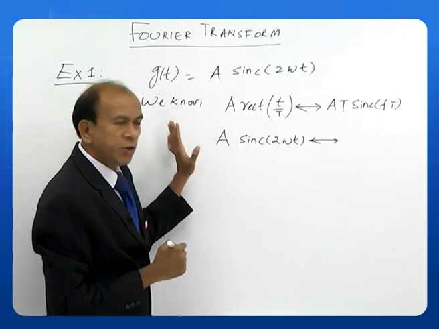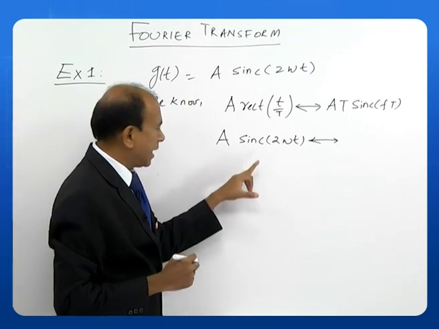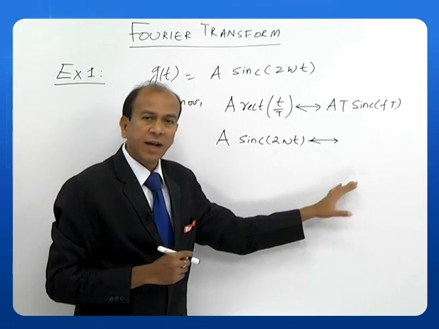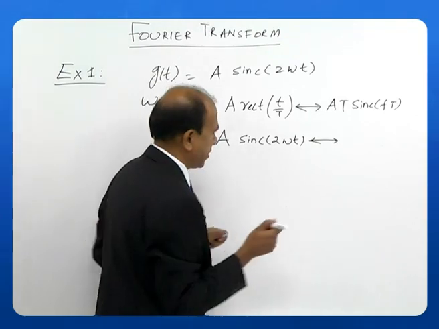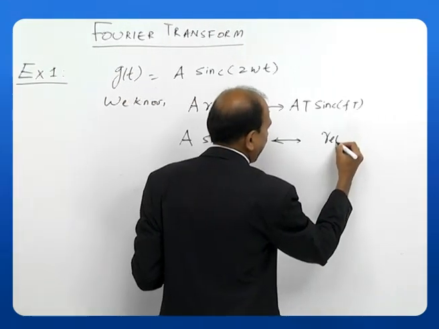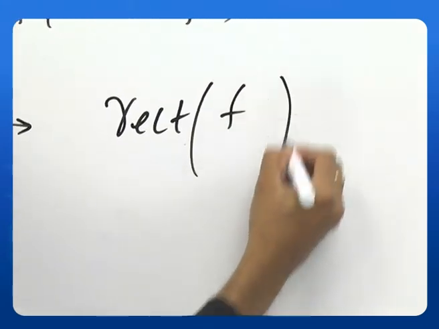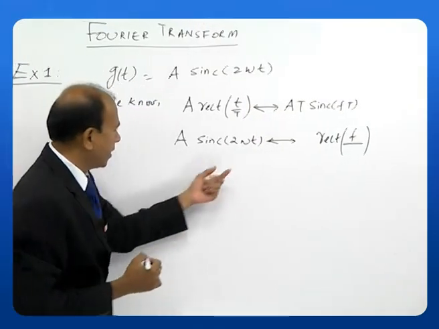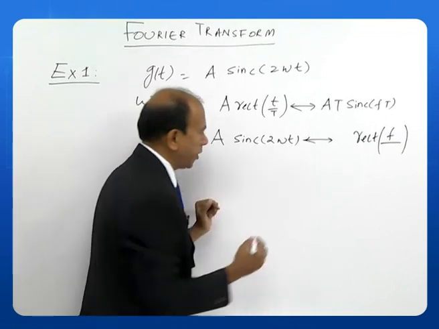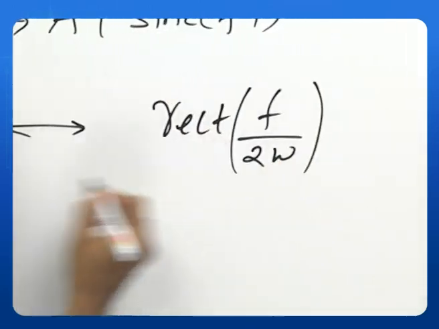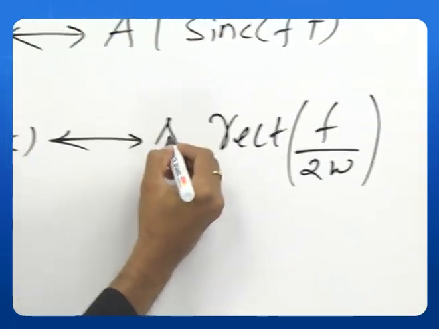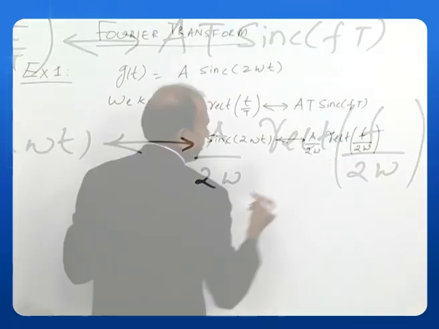Now, using the duality property, a sinc function in the time domain will have a rectangular function in the frequency domain. So let us write that first. It is a rectangular function in f. Here the scaling factor is 2W. A is there, and it is scaled by a factor 2W.